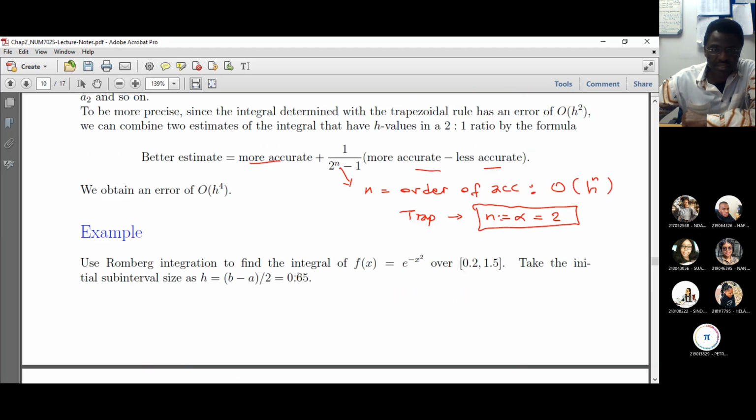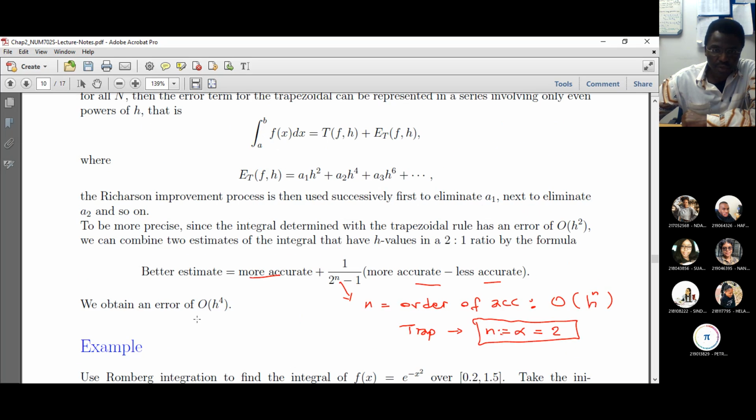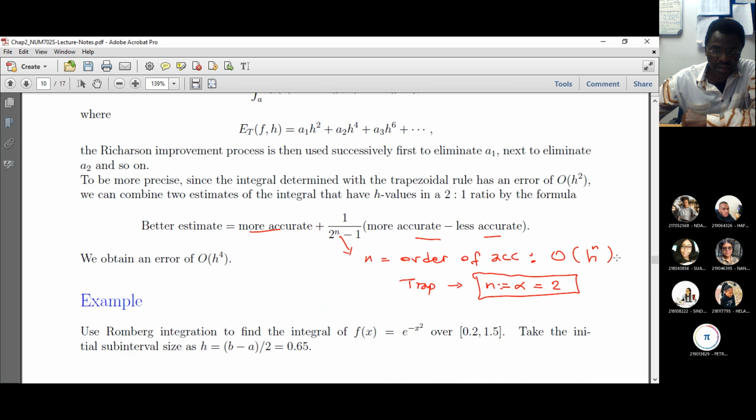Let me explain it with this. We saw that this n, we said that it's the order of accuracy. So it is h to that power. That's what we put here, h to the n.